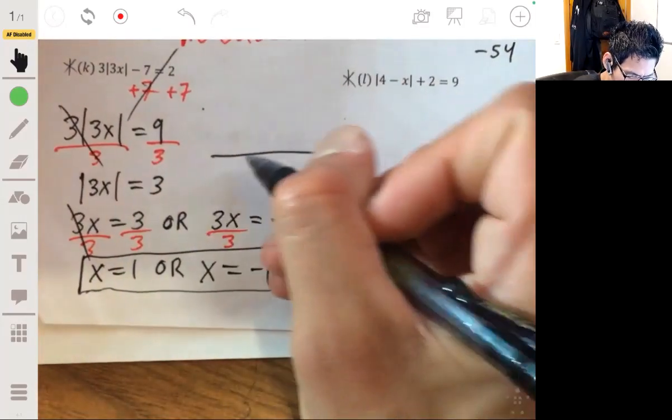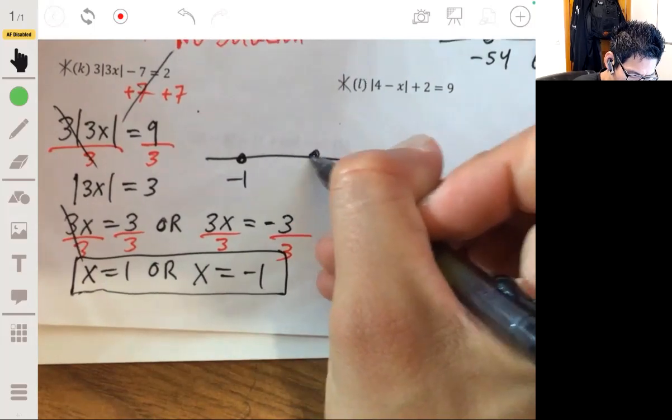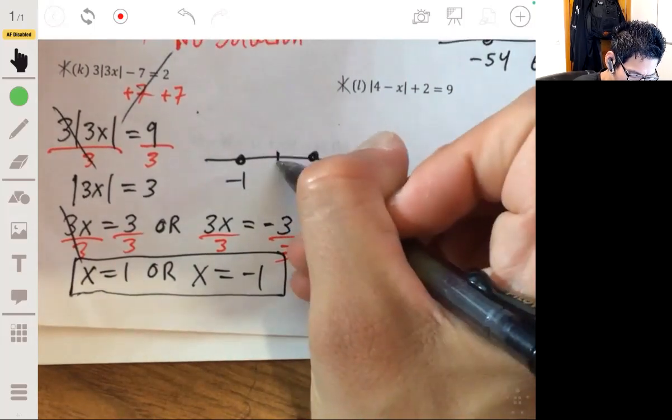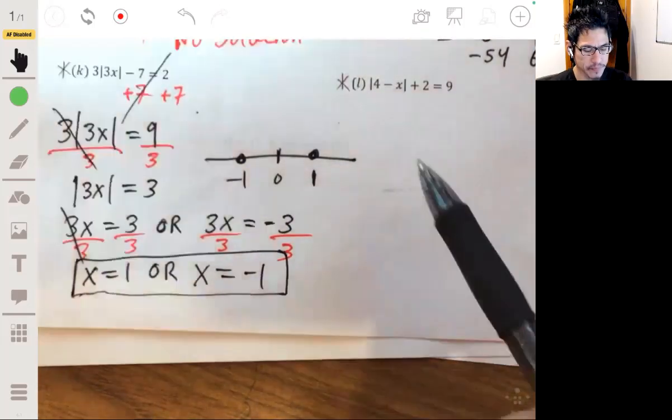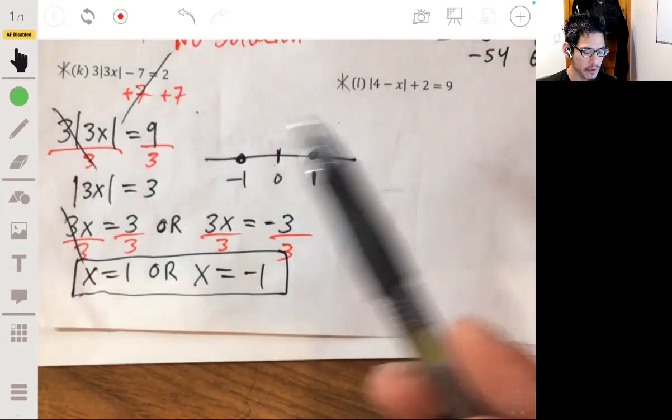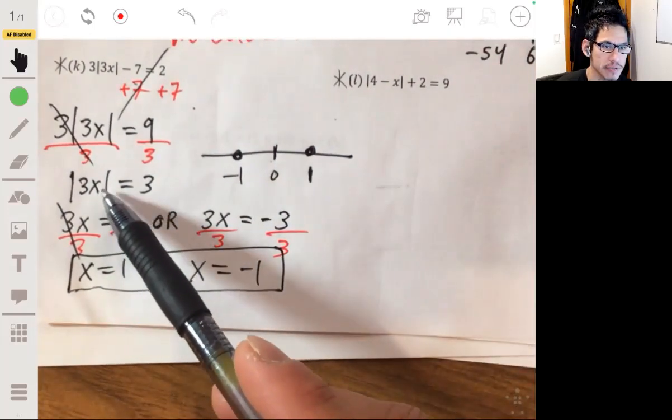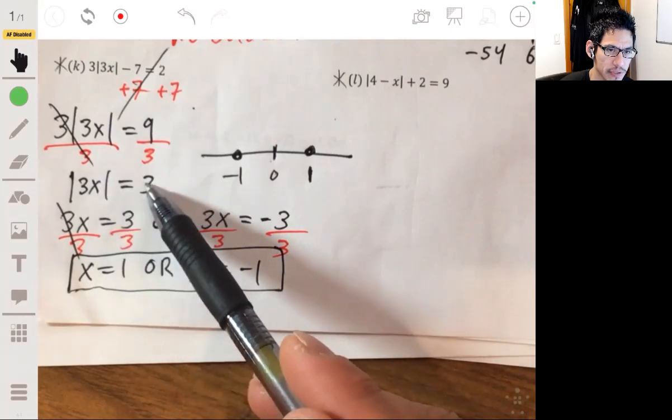And if we number line it, negative 1 and 1, the middle is 0. So this is saying what numbers, after you triple them, are 3 units away from 0.